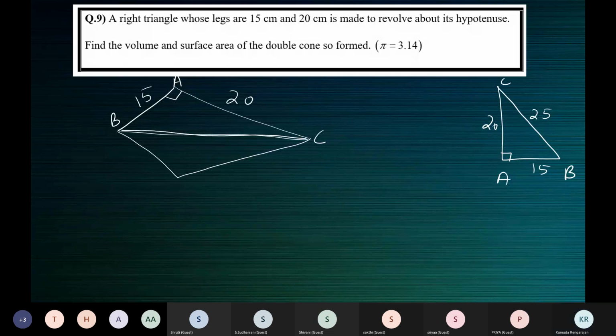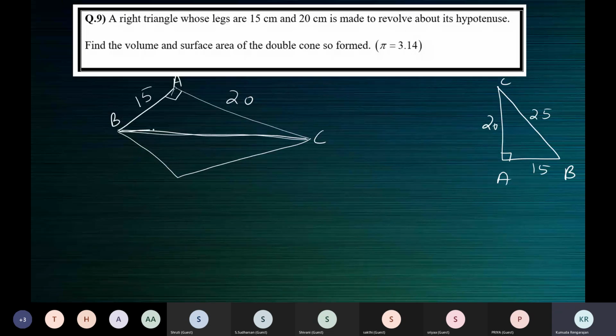Now, when you turn this right triangle about its hypotenuse BC, the solid generated is a double cone. I've shared the video.